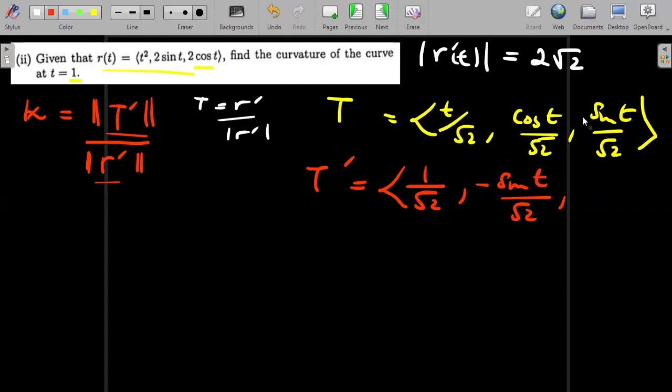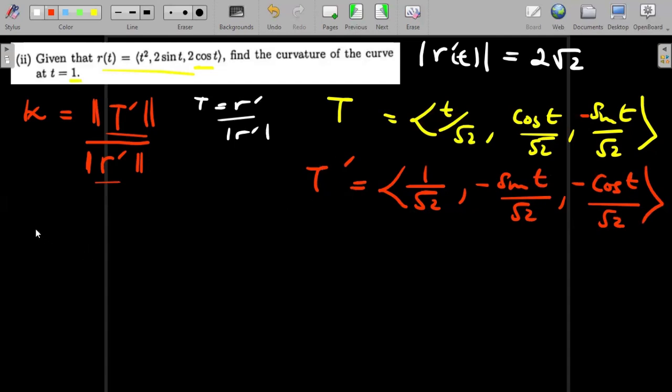Then when I differentiate sine, I get cos T, and with the negative it is negative cos T over root 2. So this is my T prime.